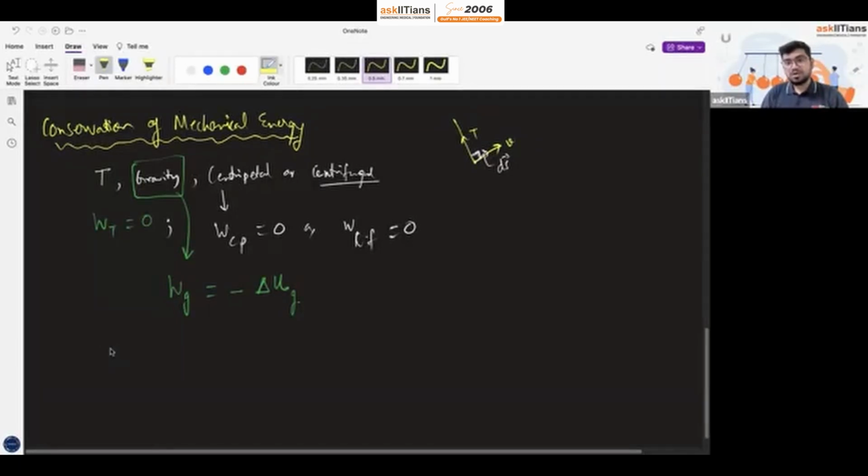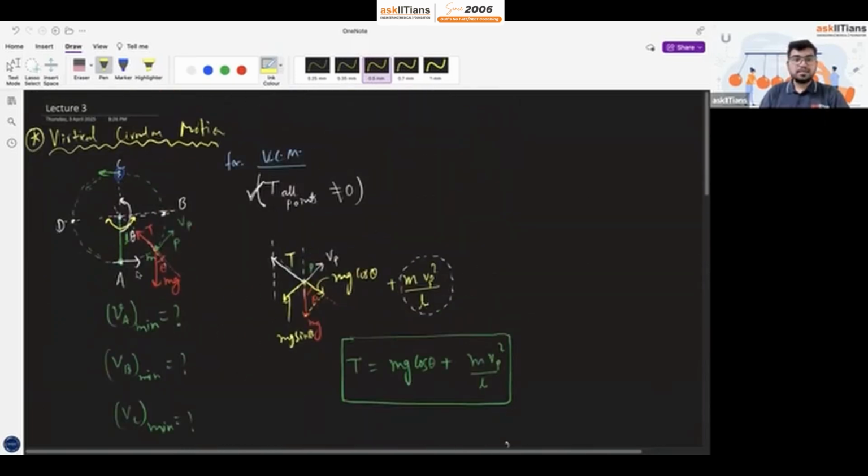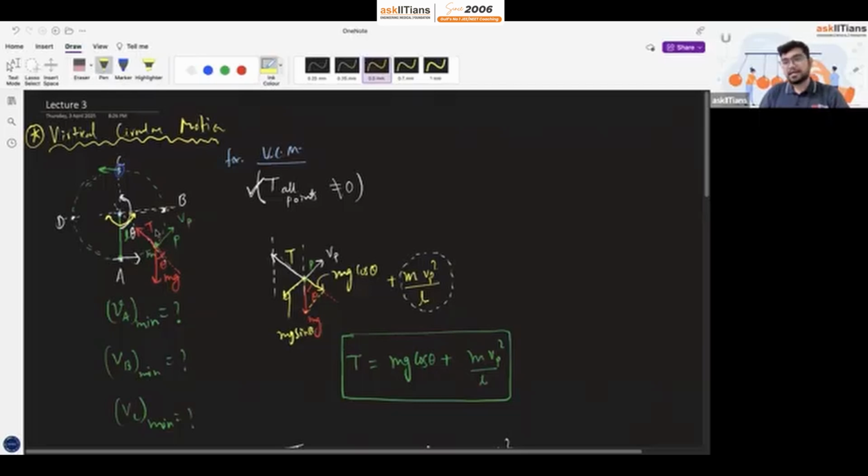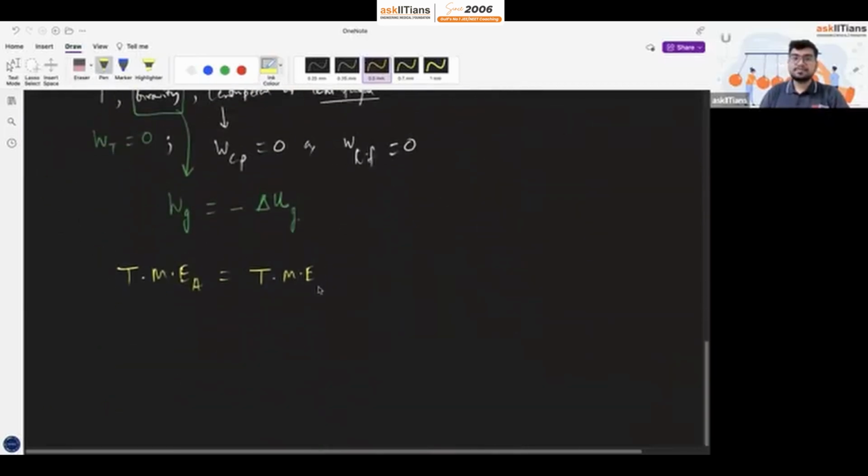And we know if no non-conservative forces are present, then total mechanical energy at any level would remain constant. So total mechanical energy at A would be the same as total mechanical energy at point C.